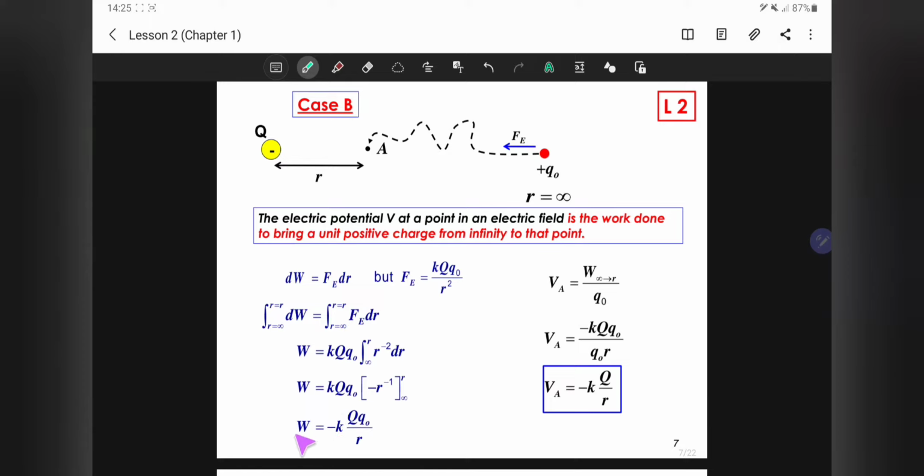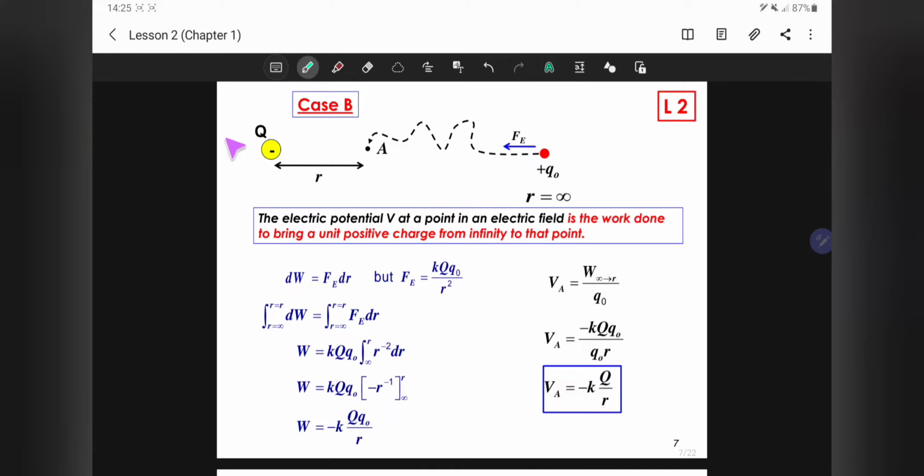So we just substitute work into the definition of potential, which is V equals W over Q naught, so that you will get this. Again, Q naught and Q naught cancel each other, giving you V on A now equals negative kQ over R. So see, the potential at that point is negative.